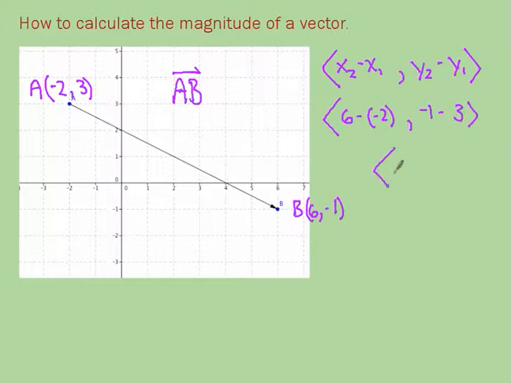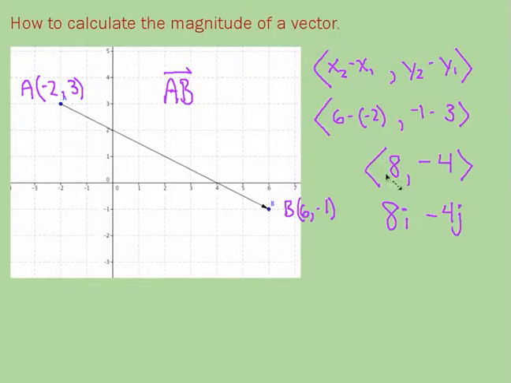So in component form I can write this vector as 8, -4. This is component form. In unit vector form, that would be 8i minus 4j.